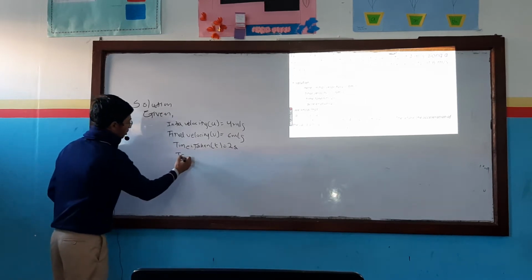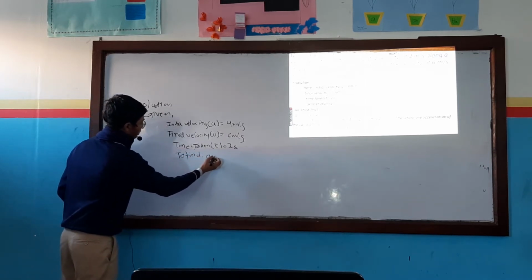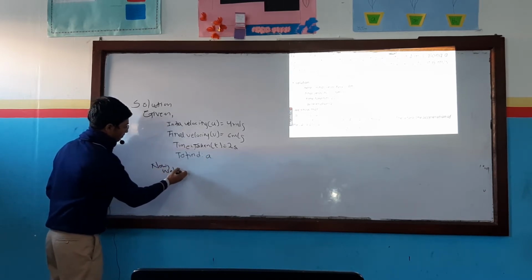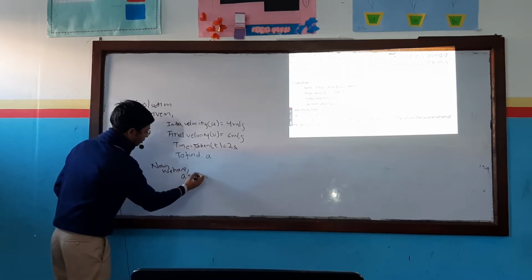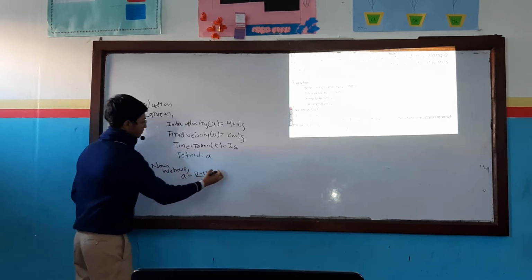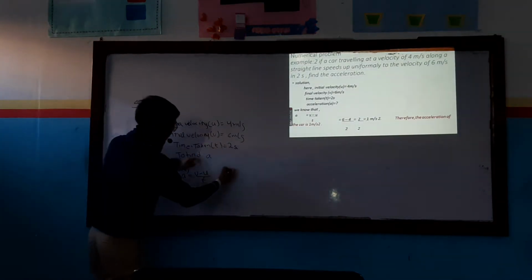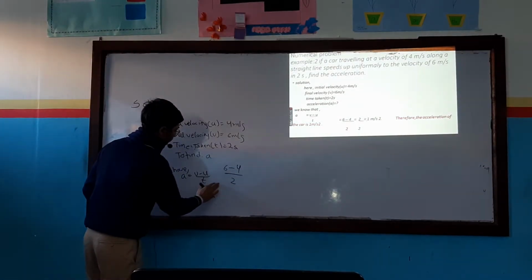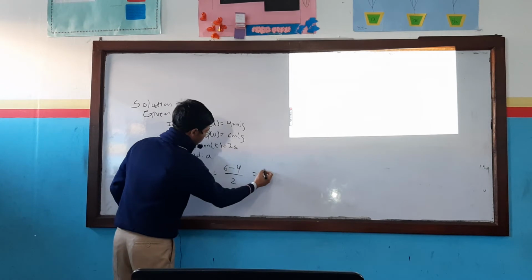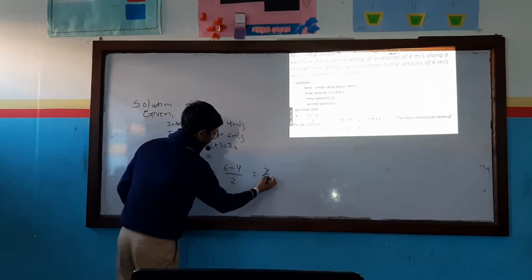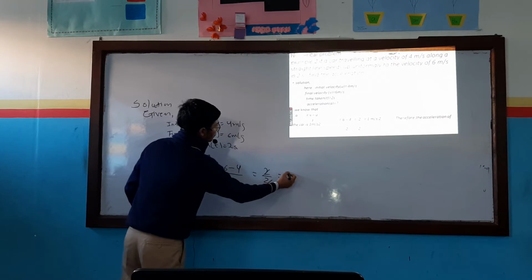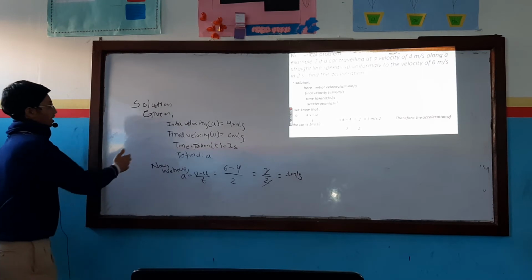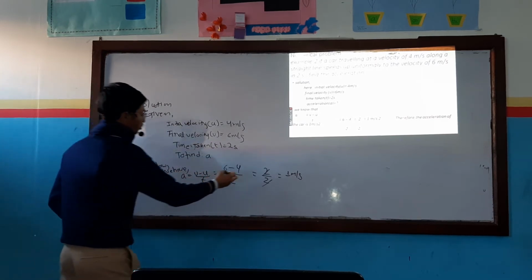Now to find the acceleration, we have a is equal to v minus u by t. v means 6 meter per second. 6 minus 4 by 2, that is 2 by 2, then it's 1 meter per second square. The acceleration of the car is 1 meter per second square.